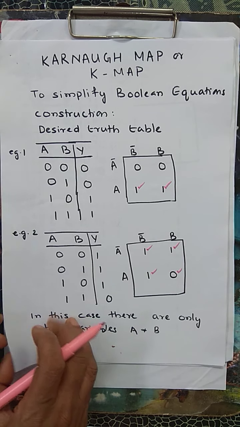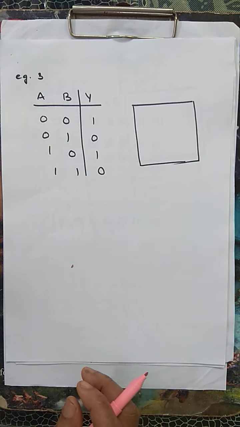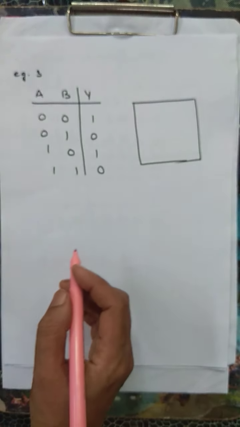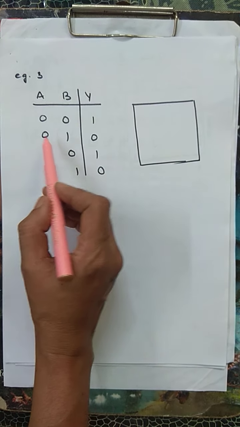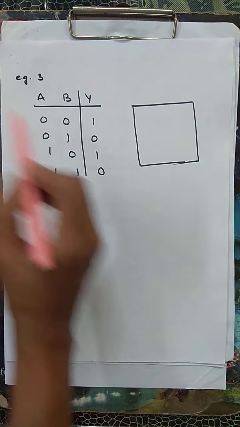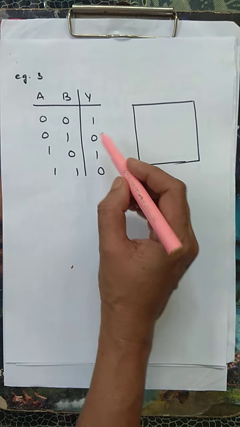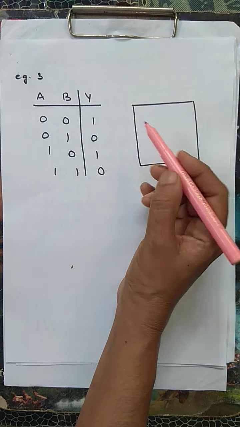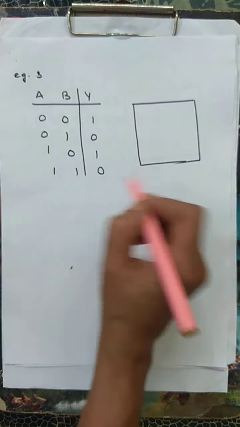Now let us take the case of a 3 input. One example I have given you for the 2 input which we have discussed already. I have written down the outputs. So how will I write this Karnaugh map in the 2 input case?